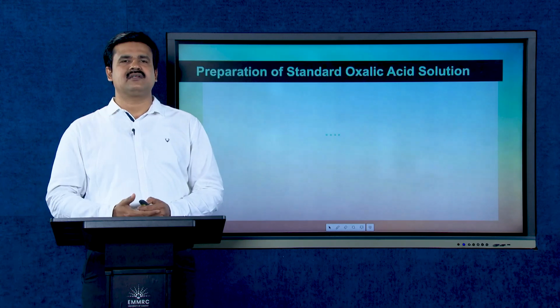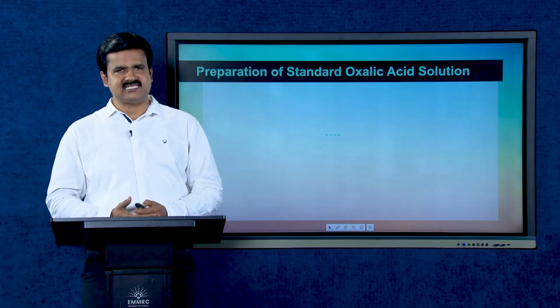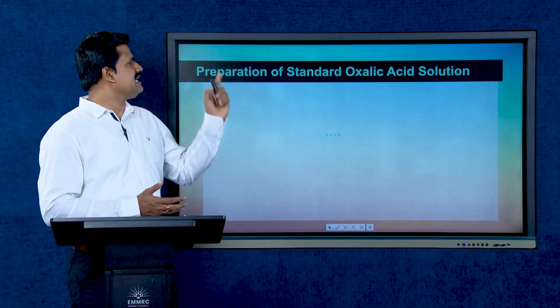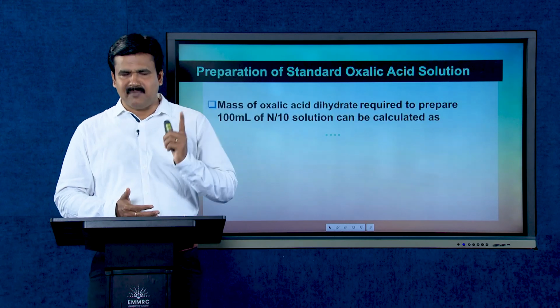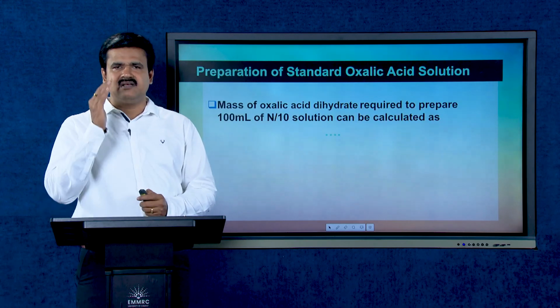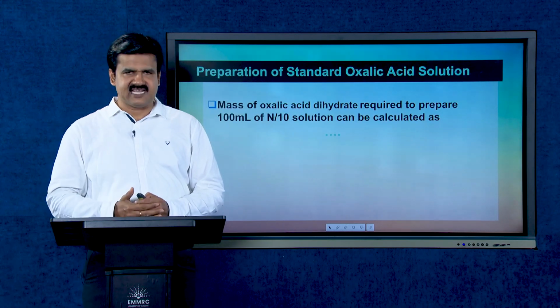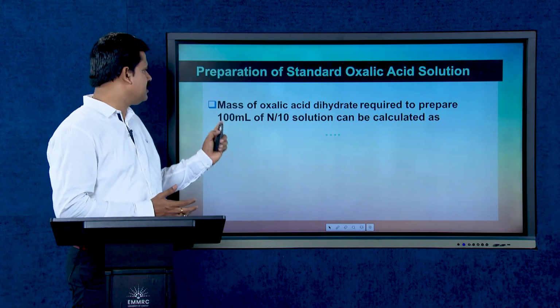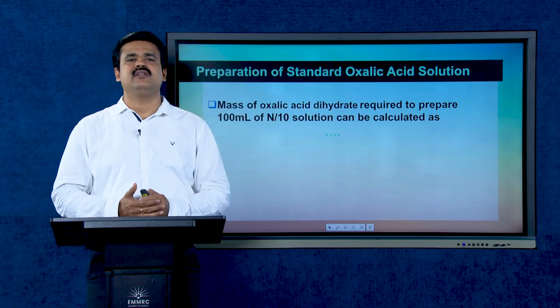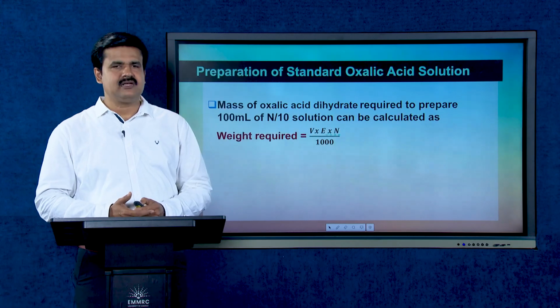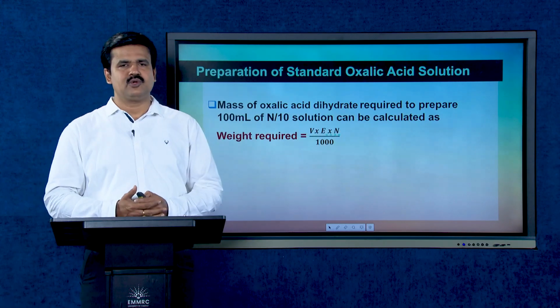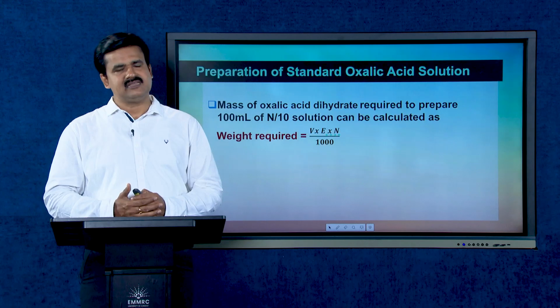The first part of the experiment is preparation of a standard oxalic acid solution. The mass of oxalic acid, which exists as its dihydrate, required to prepare 100 ml N/10 normal solution can be calculated by using the expression. Weight required is equal to VEN divided by 1000.